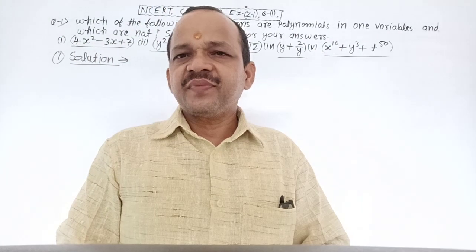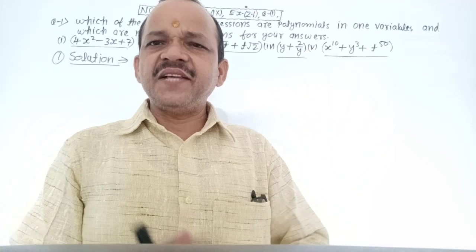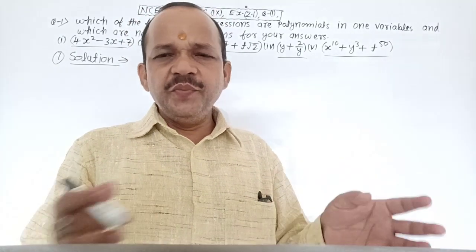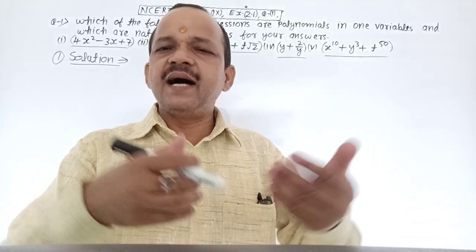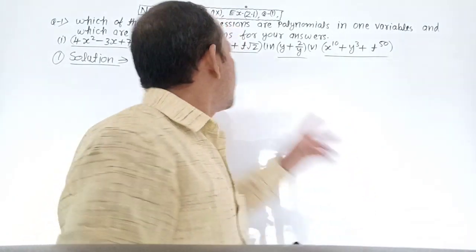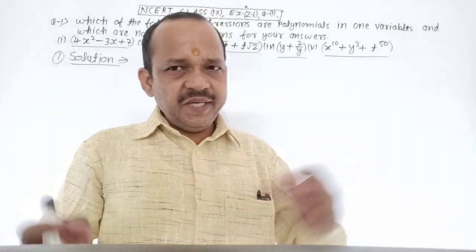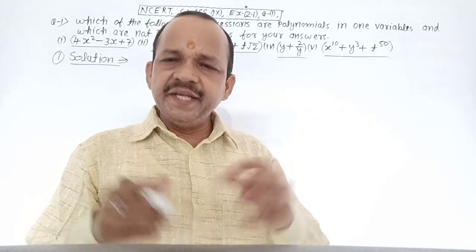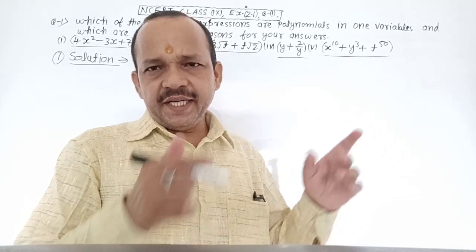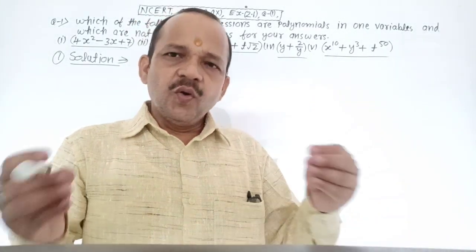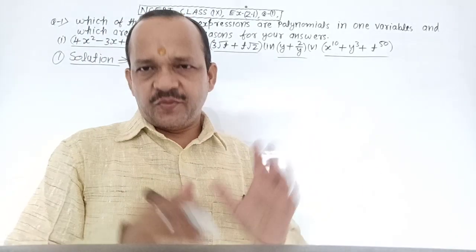It means you classify the given expressions as polynomial in one variable or not. State reason for your answer. It means you solve it and give the reason why it is a polynomial in one variable or why it is not a polynomial.